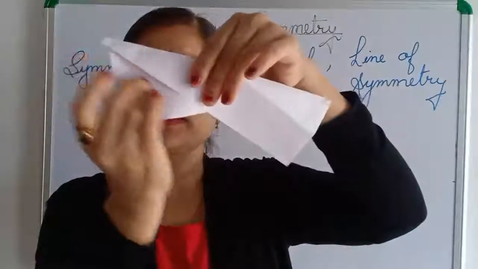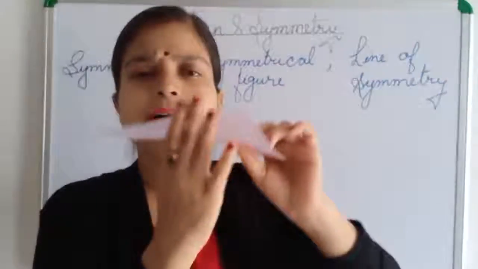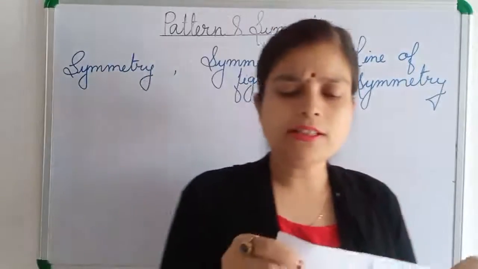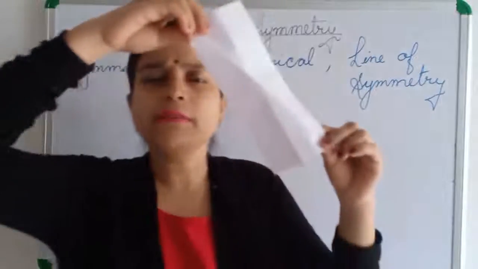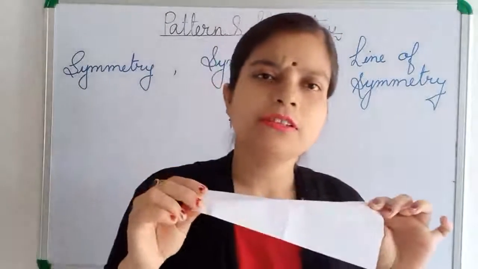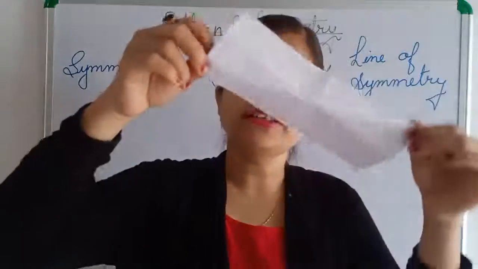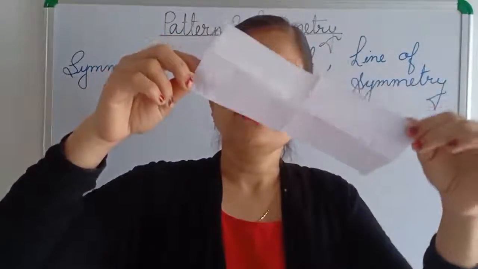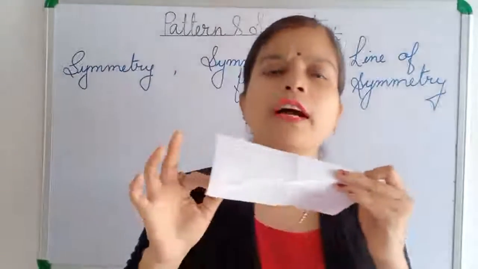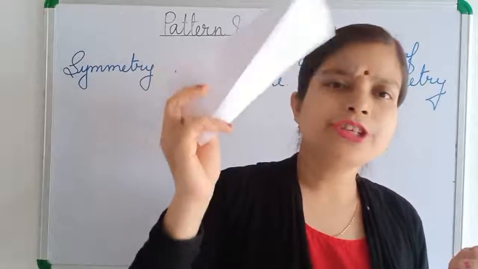From this side, this part is coming out. From this side, this part is coming out. Means from this line, we are not able to divide this paper into two equal halves. You understand now? We can't divide into two equal halves. So this is not a line of symmetry for this shape.